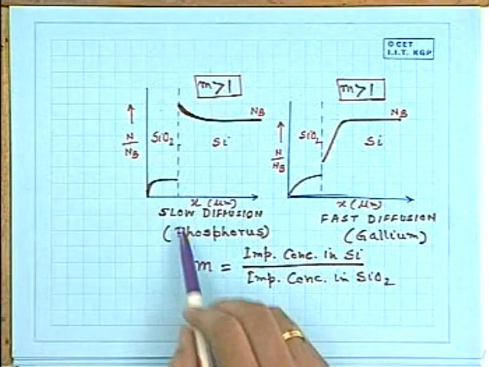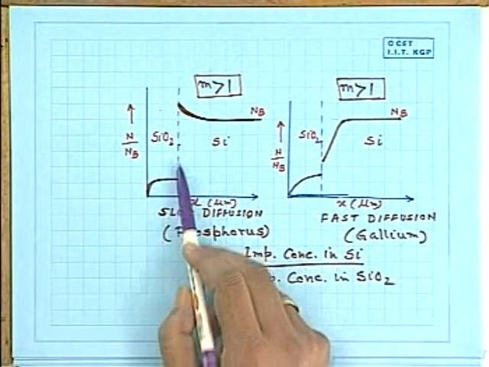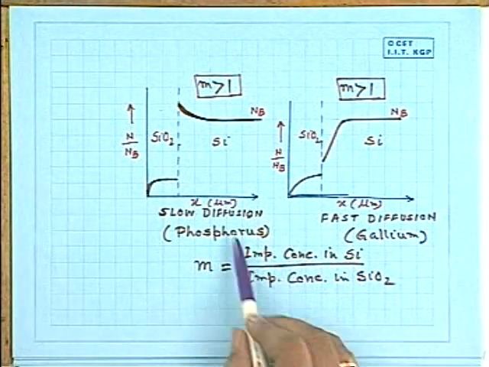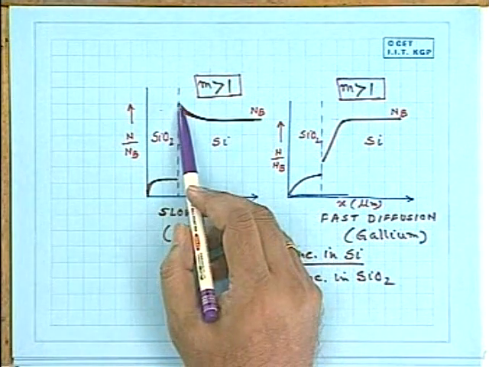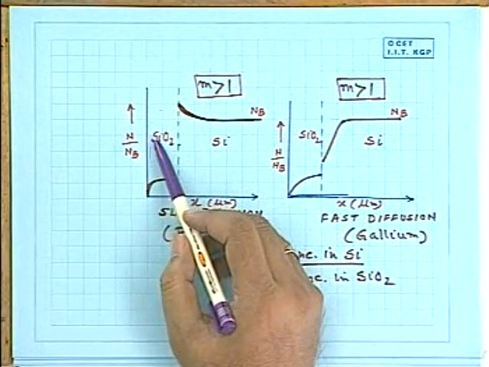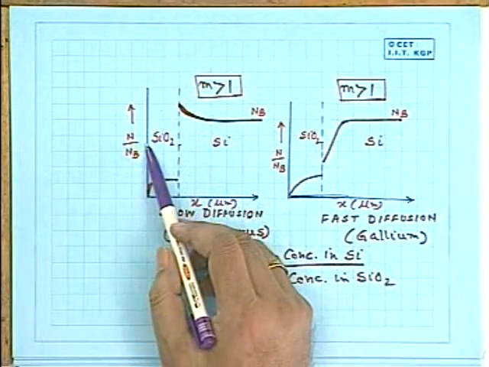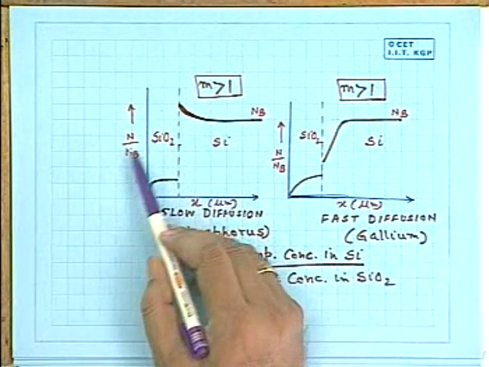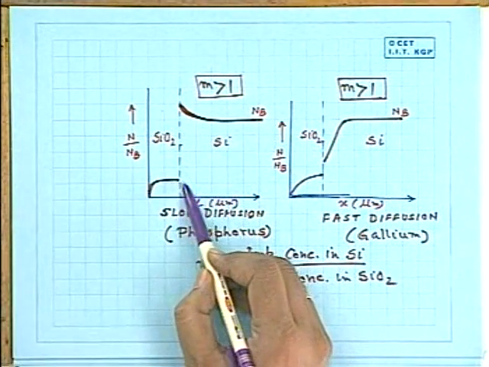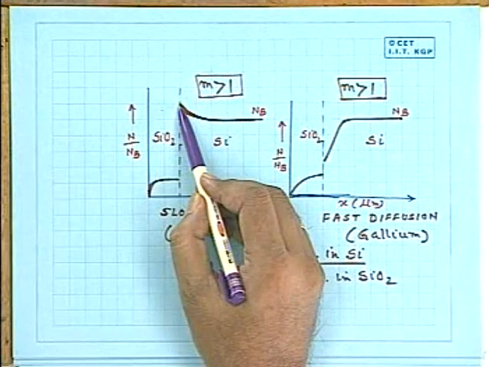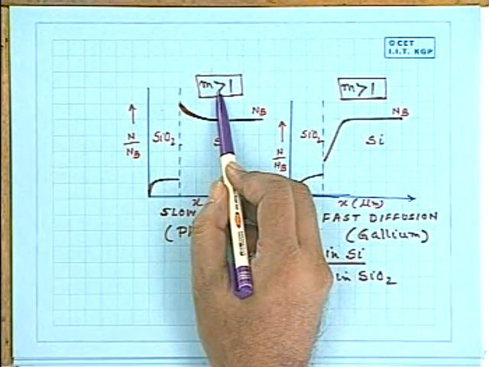Now here in this curve is a slow diffusion. That means the impurity from silicon dioxide will evaporate into the ambient at a slower rate. That means the curve is something like that. And this point is at a lower level compared to this, because m is greater than 1.